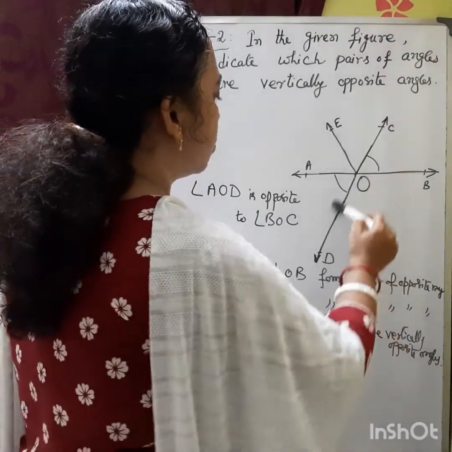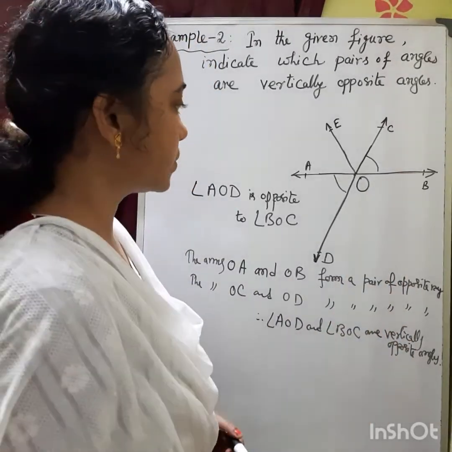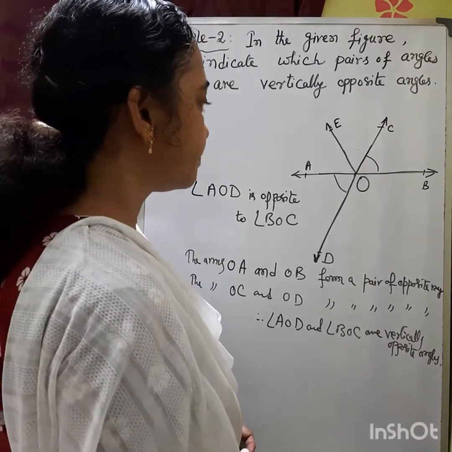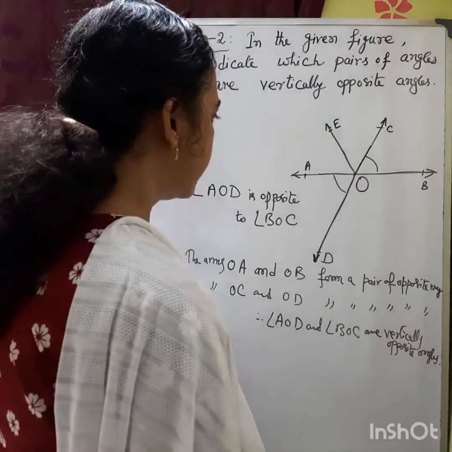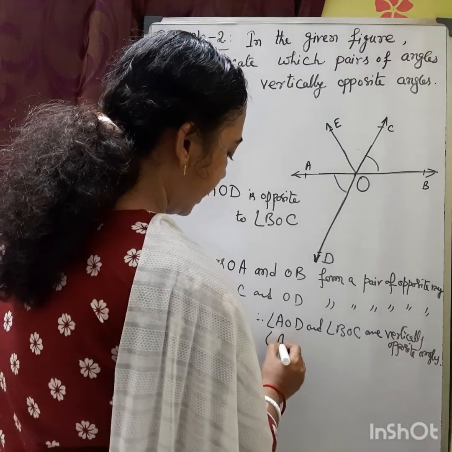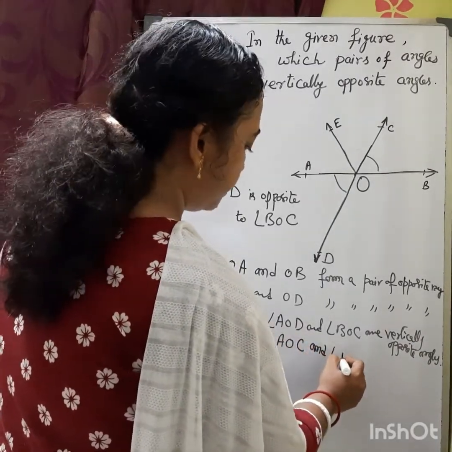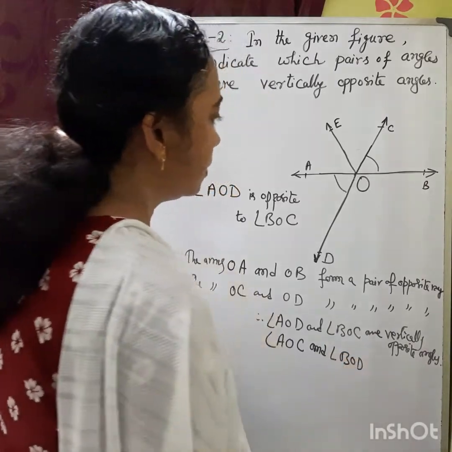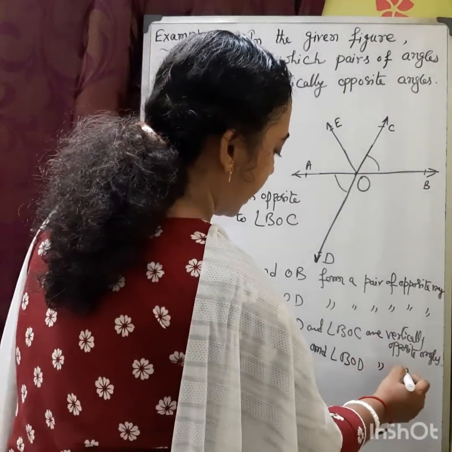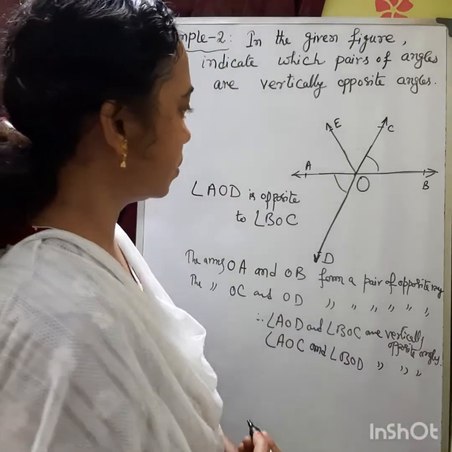Similarly, OC and OD form another pair of opposite rays. So we can say that angle AOC and angle BOD are vertically opposite angles. So we get two pairs of vertically opposite angles here.